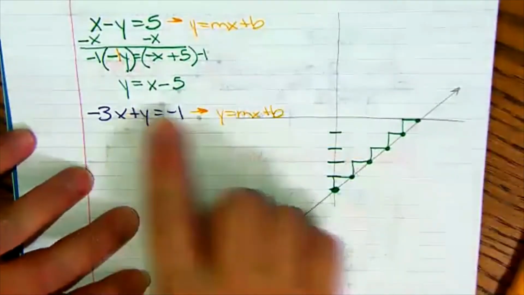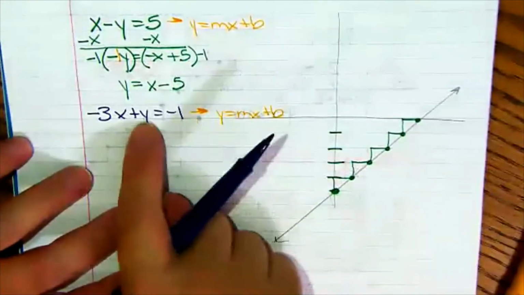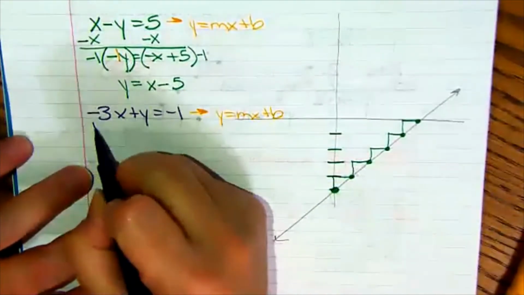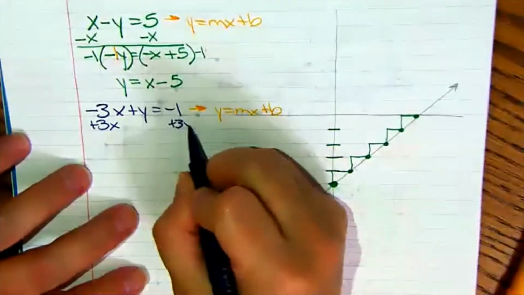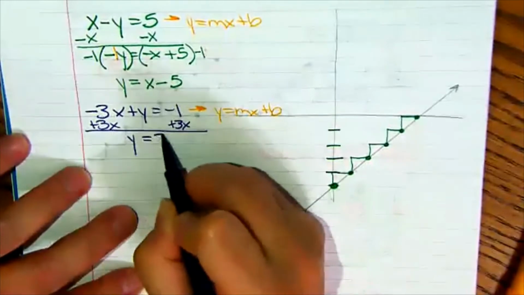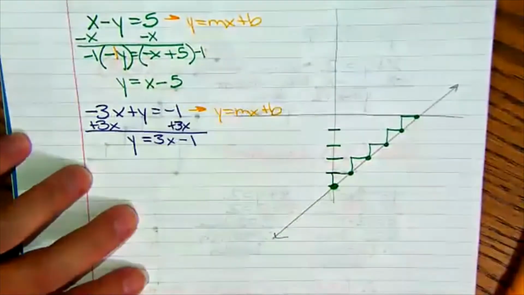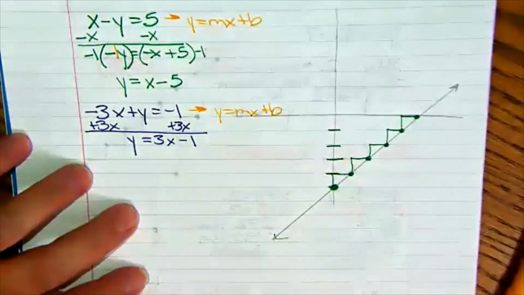So I need to isolate my y. I'm going to add 3x. What I do to one side, I must do to the other. So y equals 3x minus 1. This is now in slope-intercept form. I can now graph this.